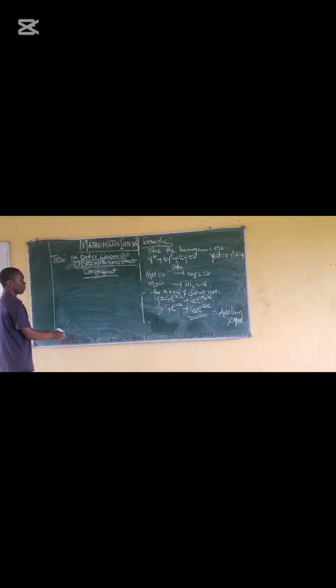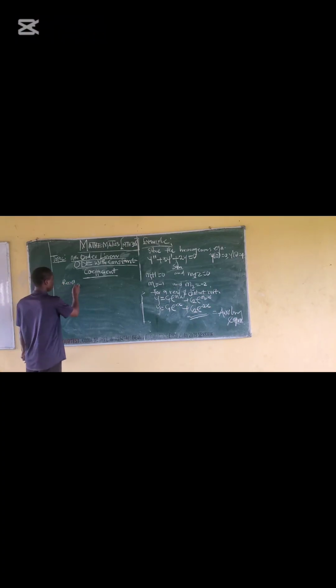For the particular solution, we can say recall the auxiliary equation. And what's our auxiliary equation? This: y is equal to C1 exponential minus x plus C2 exponential minus 2x.